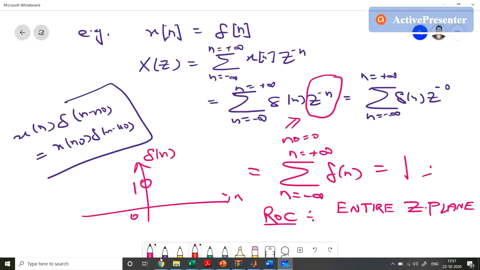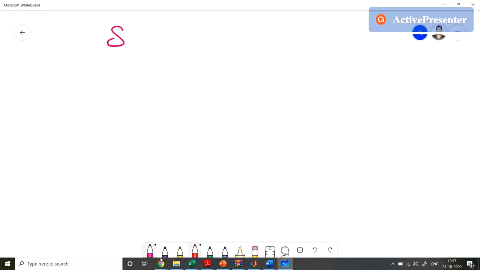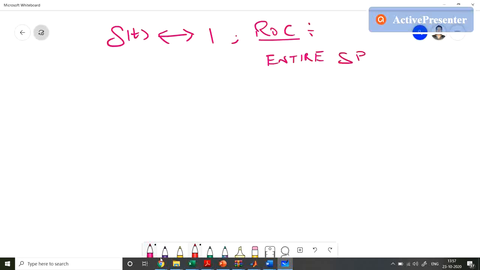If you remember the continuous time case, the delta t has Laplace transform 1, and the region of convergence is the entire S plane.